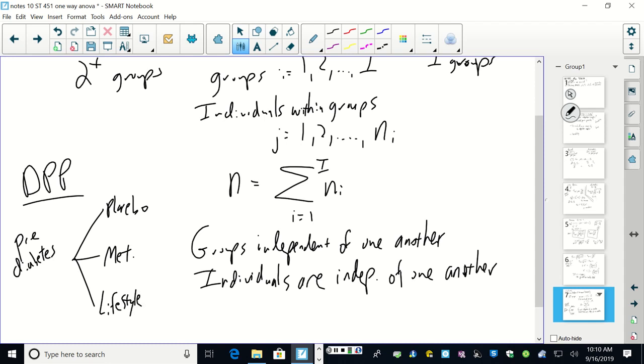The lifestyle group has individual personalized coaching, and the others are given a pill. The placebo pill is made to look and taste similar to the metformin pill, so people can't really tell them apart. Most of the people are not in families or couples. They might see each other in a clinic, but there's not that much interaction, so it's pretty close to independence.